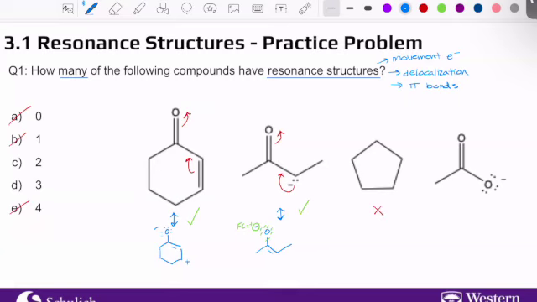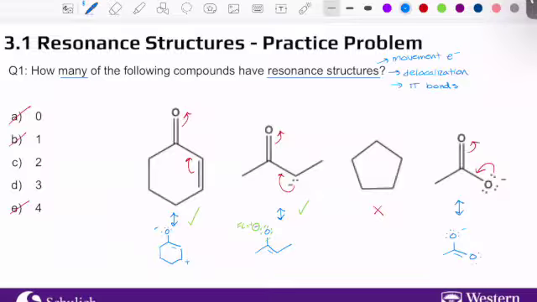And as for our last compound here, we see that we have an anionic species where we could also have delocalization of our electrons, meaning that our fourth compound does in fact have a resonance structure as follows. And again, we can assign our formal charge if you would like for extra practice. We can see really what resonance comes down to is just the delocalization of electron density.